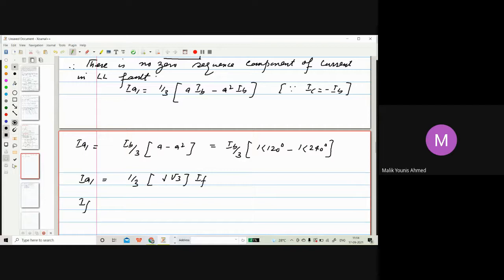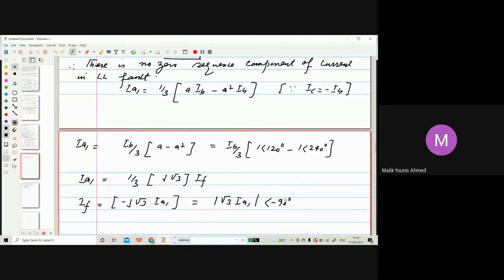When this goes on the other side, we can write IF equal to minus j under root 3 into IA1. In other words, if we take the amplitude, we can write under root 3 IA1 at an angle of minus 90 degrees.